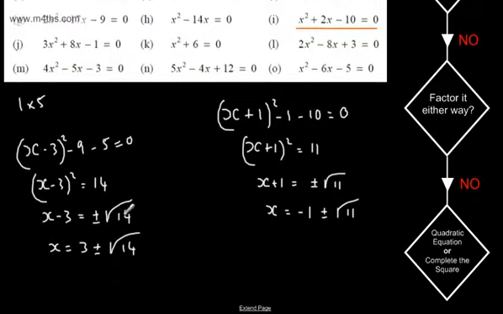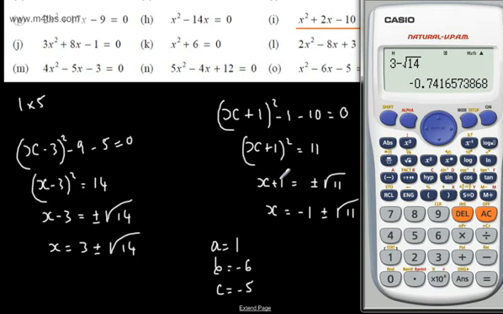Now, that is one method. You could, of course, use the quadratic formula with the value of a being 1, the value of b being minus 6, and the value of c being minus 5. So if we set this up with the quadratic formula, we could simply plug it in.